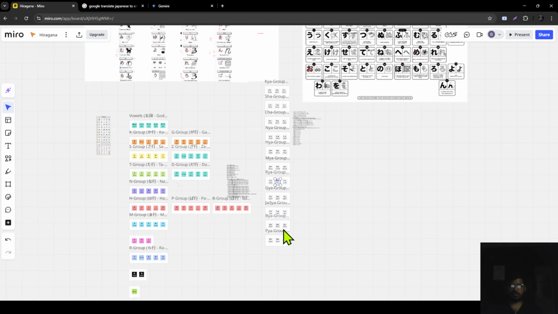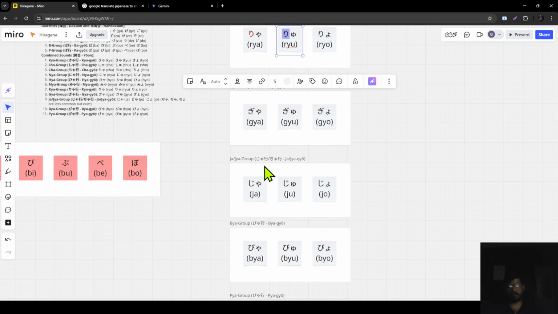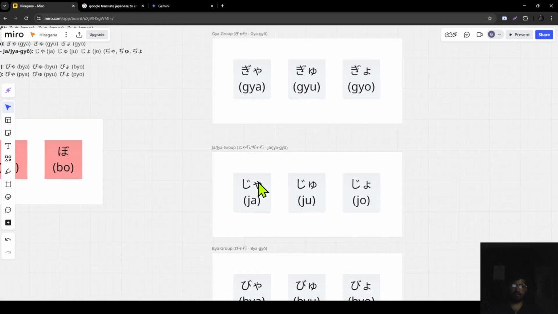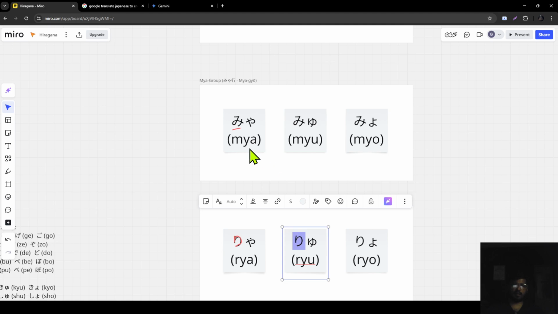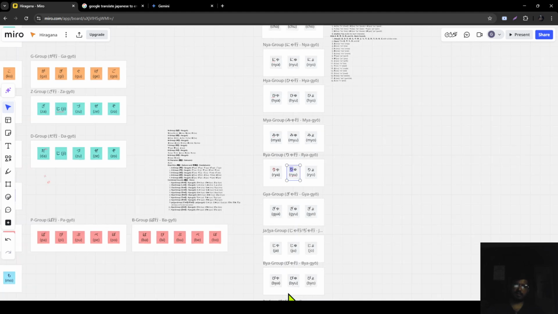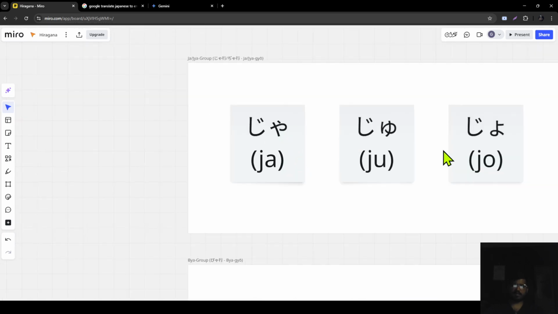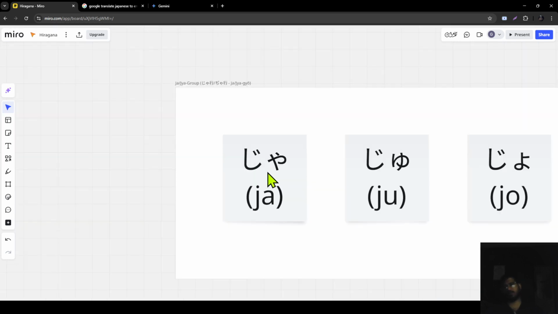So the easiest way to remember the parts which don't go with ya, but instead become a direct sound: if you observe over here, why is it ja, ju, jo, and not jya, jyu, jyo?